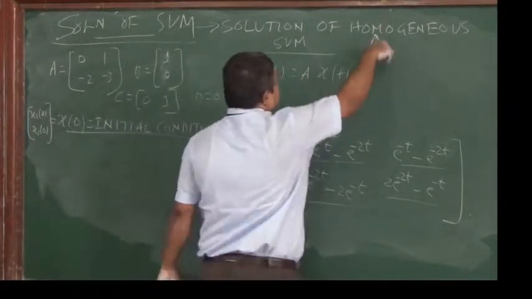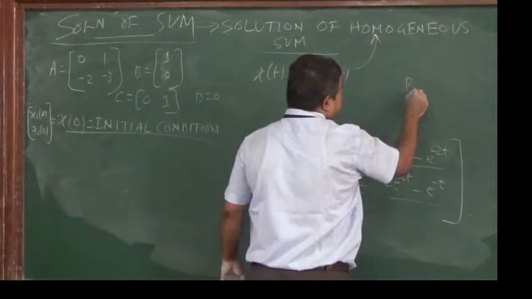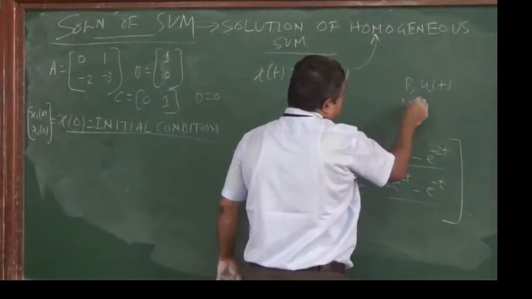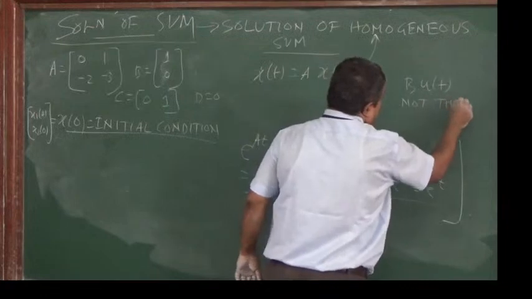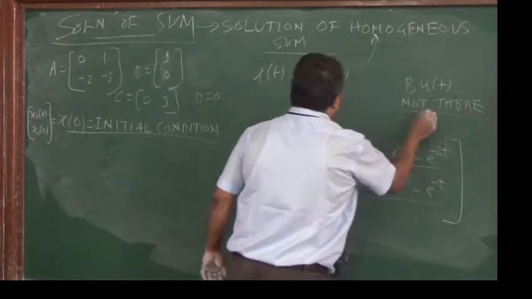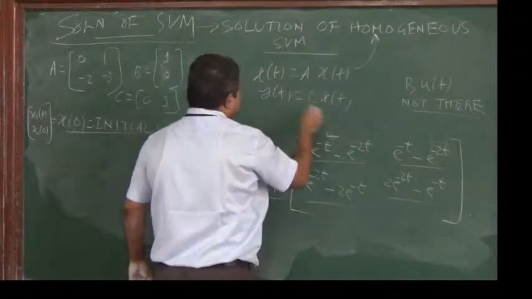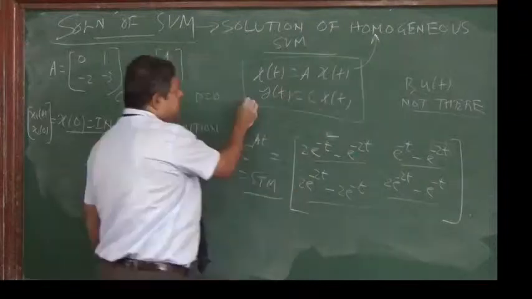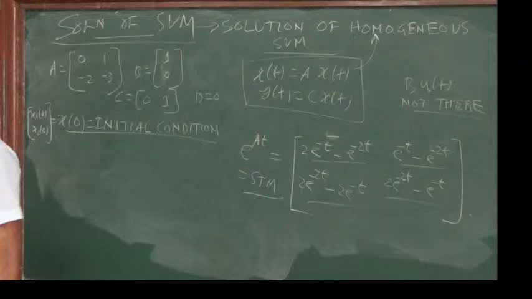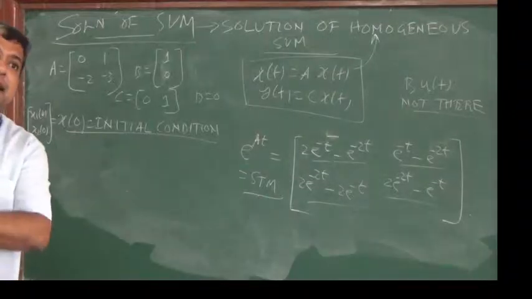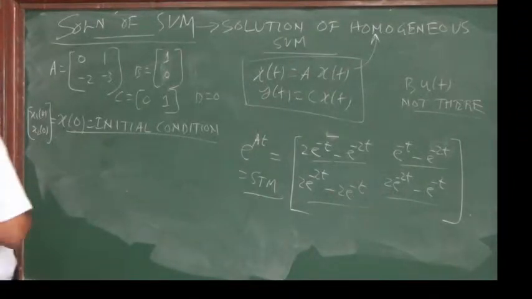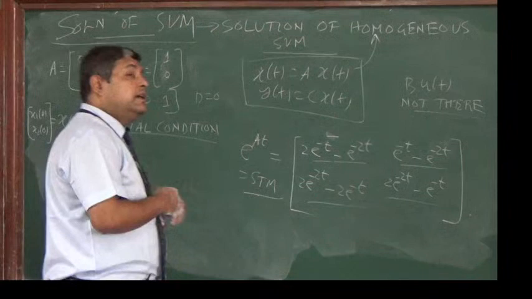This is a homogeneous system. This but not there, and y t is equal to Cx t. That's all. So this is the SVM for a homogeneous system. Yesterday also we have done that hydraulic system model with external input and without external input.